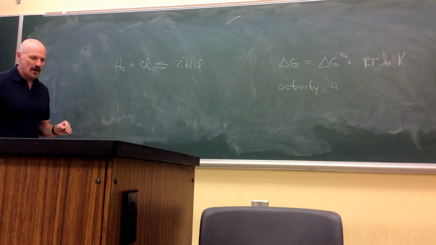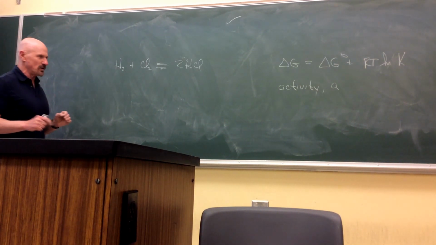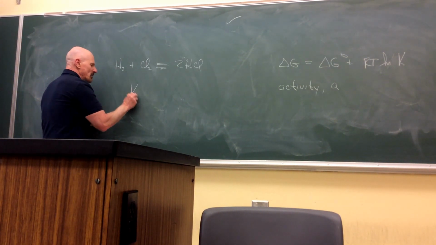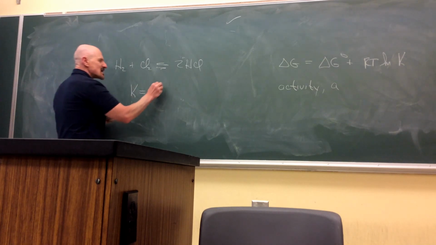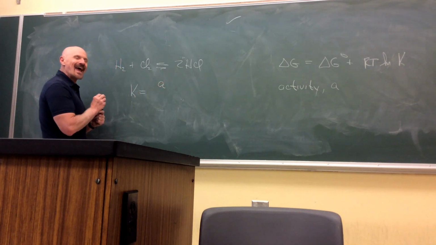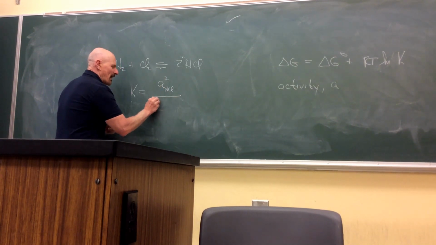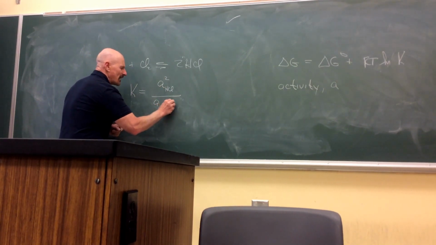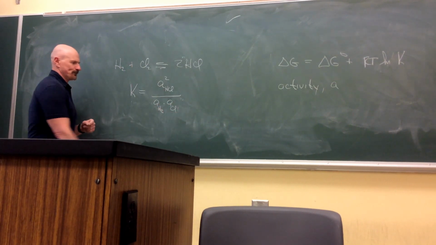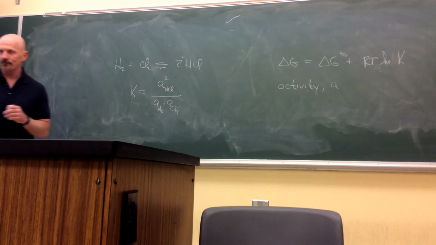Just like in Gen Chem. But instead, here's what we're going to do. We're going to write K this way. K will be written as the activity, a, of HCl squared divided by the activity of H2 and the activity of Cl2. Okay, I write it in that way.